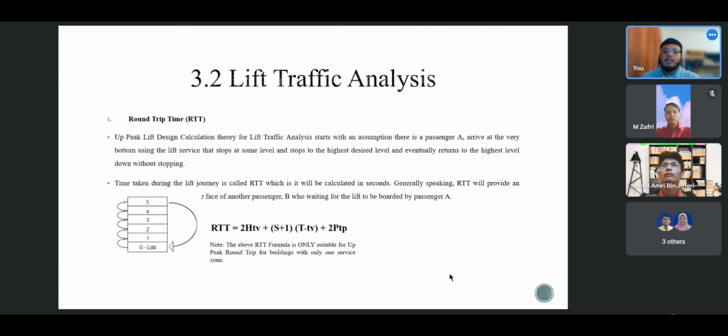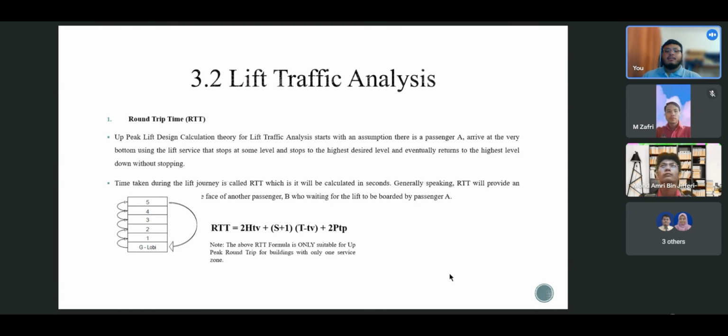Alright, what is lift traffic analysis? Firstly, we must calculate the round trip time or RTT. Up-peak lift design calculation theory for lift traffic analysis. Start with the assumption there is a passenger A who arrives at the very bottom using the lift service that stops at some levels and stops at the highest desired level, and eventually returns from the highest level down without stopping.